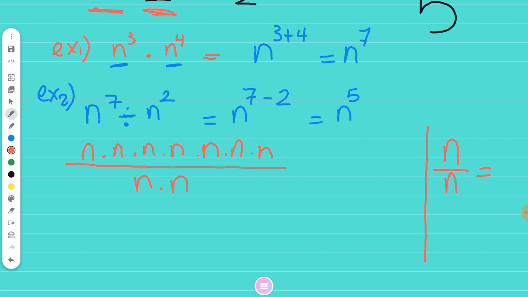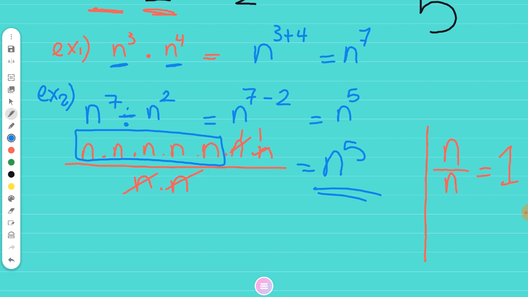Any number divided by itself gives us 1. So n divided by n gives 1, and n divided by n gives 1. 1 times 1 is 1. And the other n's are the remainder, which is n 5 times. So the result is n to the power 5. Okay? So you get it? So in case of division, we subtract the powers.